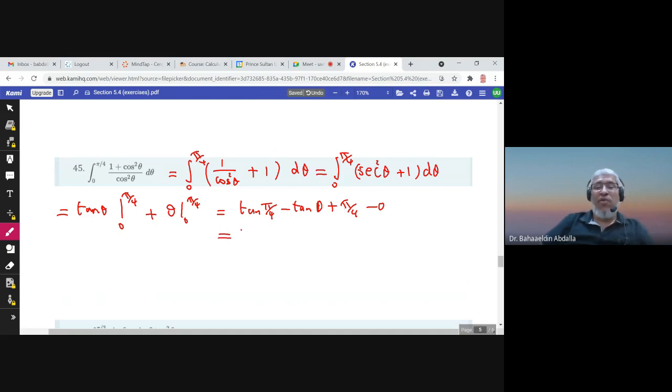Well, tan pi over 4 is 1, okay. You can check that using the calculator. It is 1. And tan 0 is just 0. So the answer is 1 plus pi over 4.